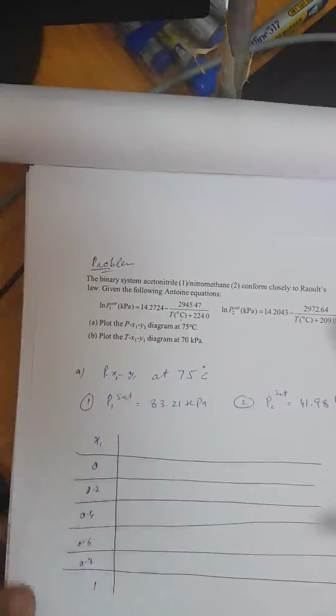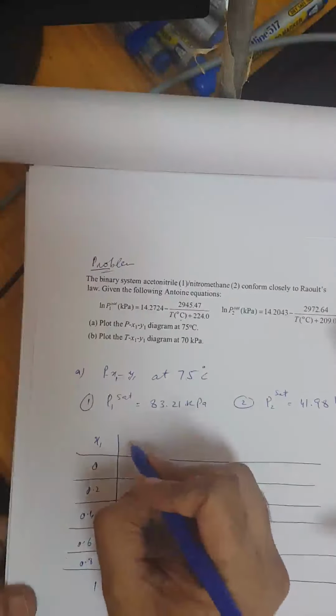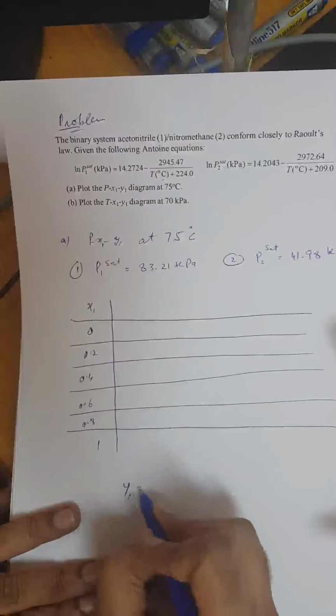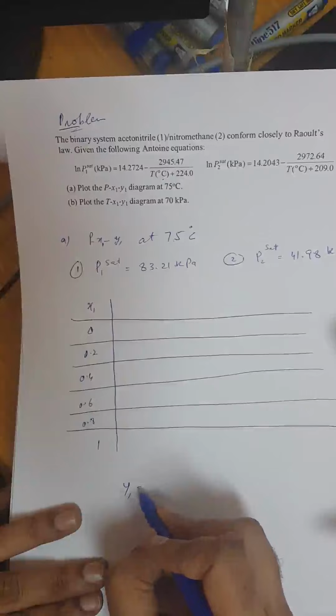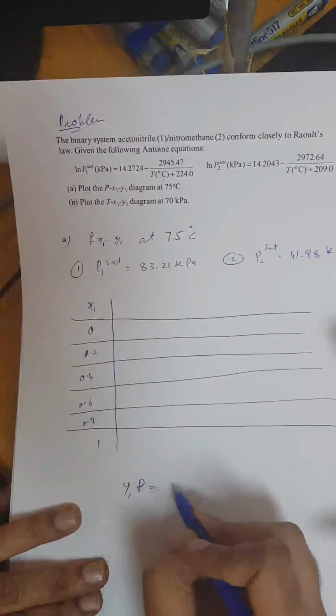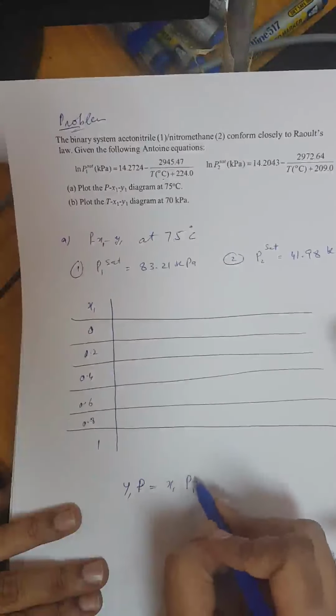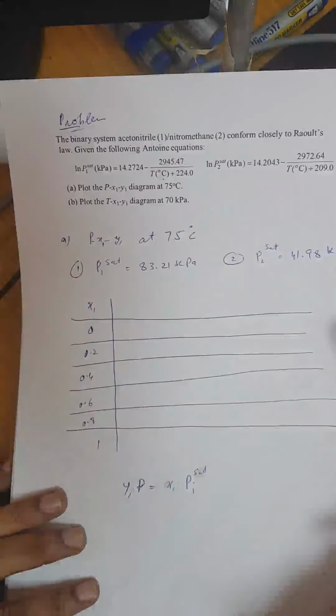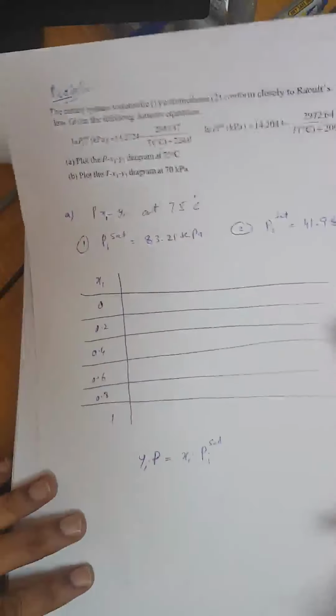So then we need to apply Raoult's law. If you see here, we know the Raoult's law definition. Yi P is equal to Xi Pi set.